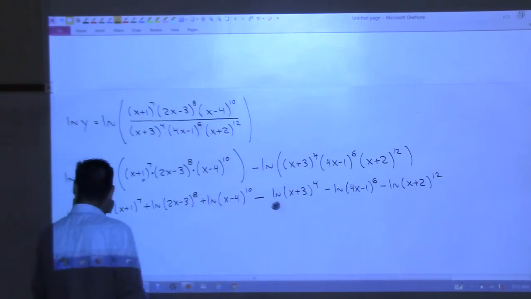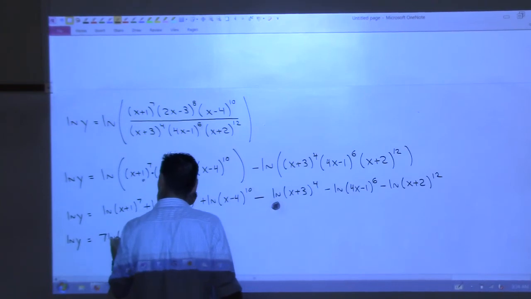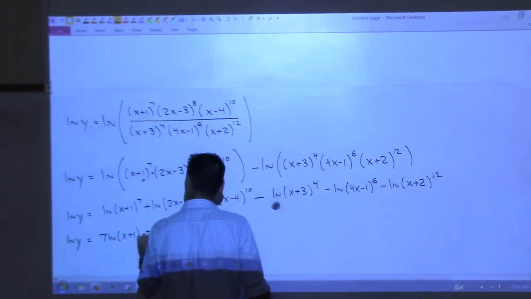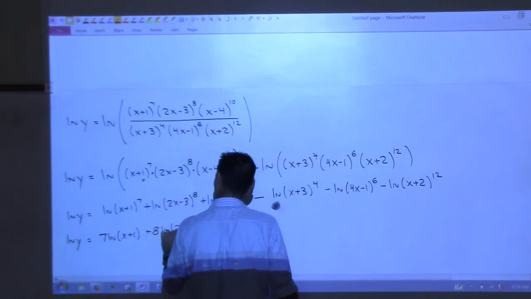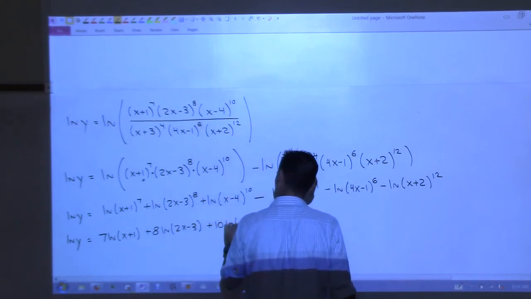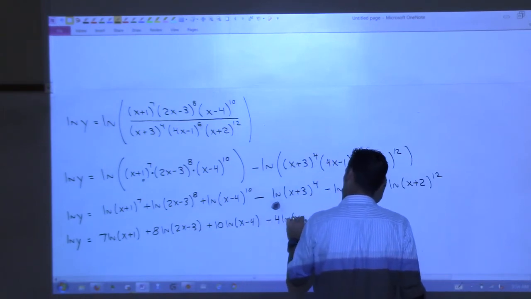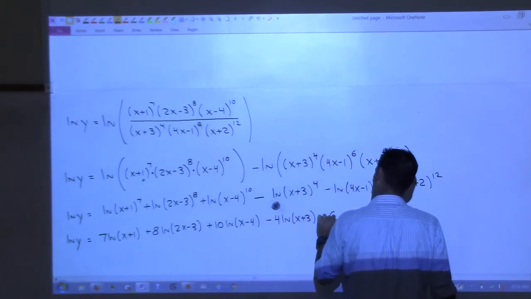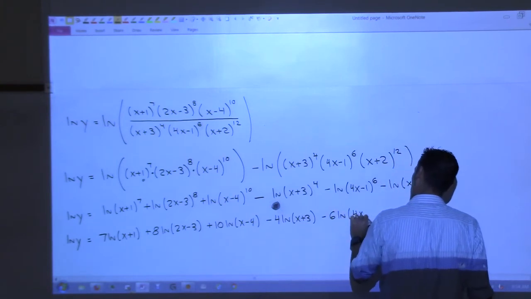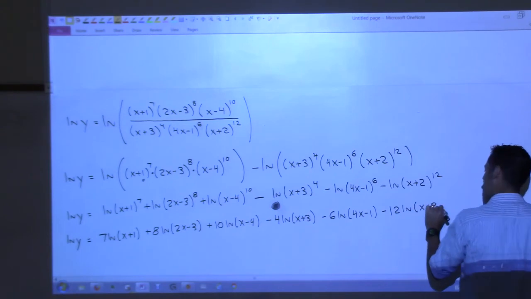So we have natural log of y equals 7 natural log of (x+1) plus 8 natural log of (2x−3) plus 10 natural log of (x−4) minus 4 natural log of (x+3) minus 6 natural log of (4x−1) minus 12 natural log of (x+2). Bam.